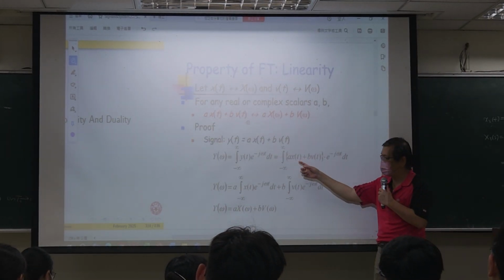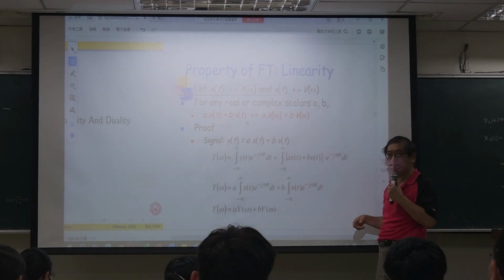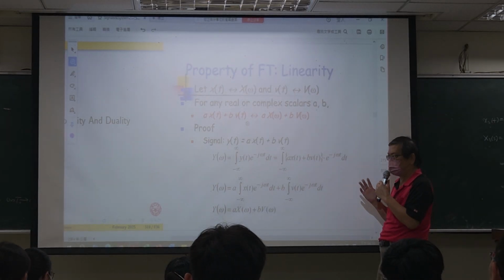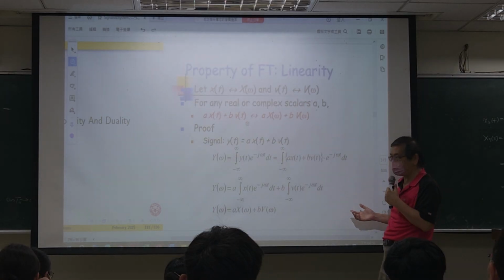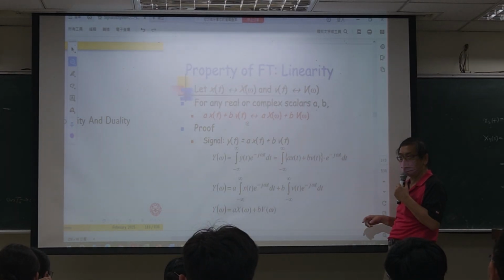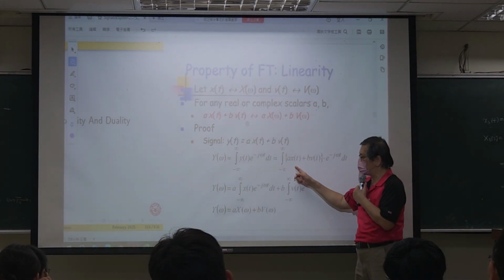If one of them is not, we have a problem. That's a mathematical issue we are not going to discuss, and practically, we don't see that kind of situation in engineering problems, except for some extreme cases. So let's assume this can be done.